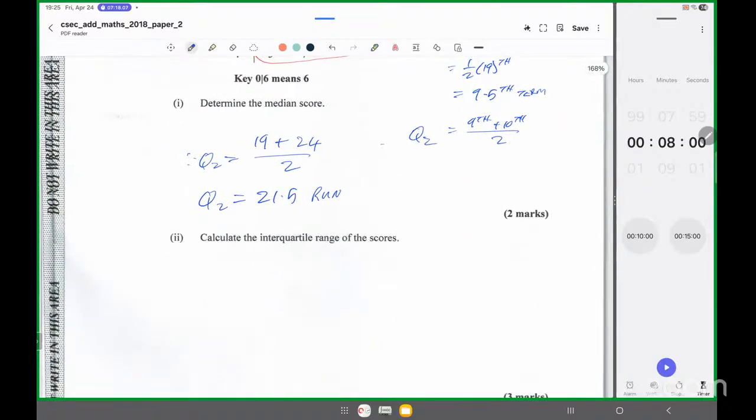See here, the position of Q1 is 1/4 of the n plus 1 term.